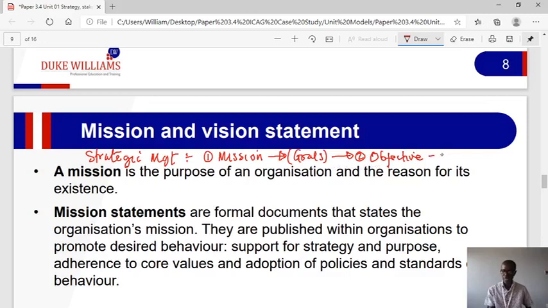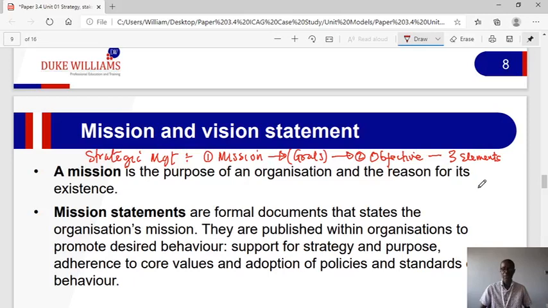Then we will look at the three key elements in strategic management. So let's start by looking at missions, then objectives, and then the three key elements.